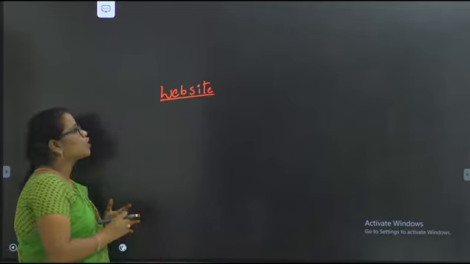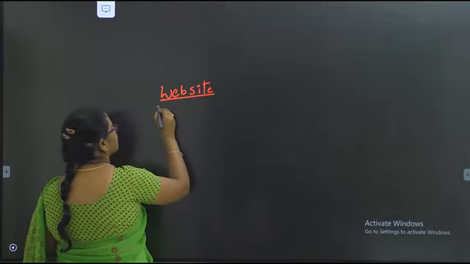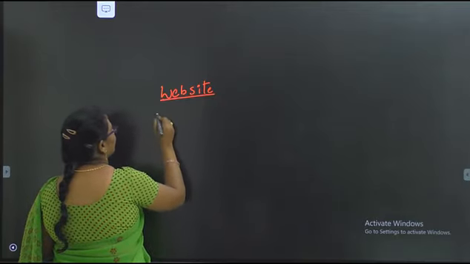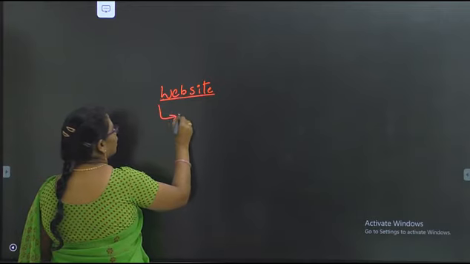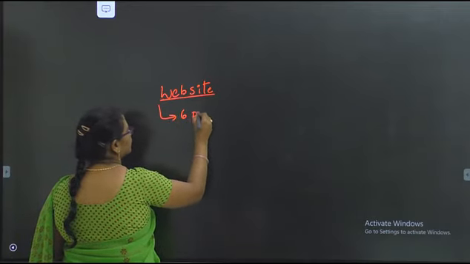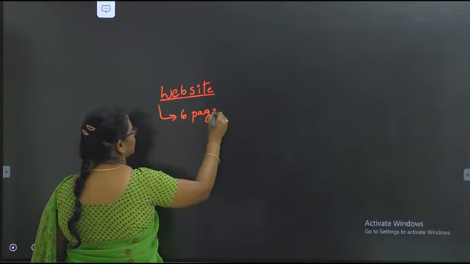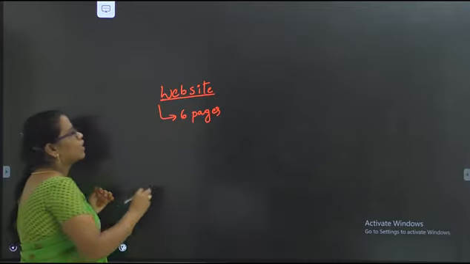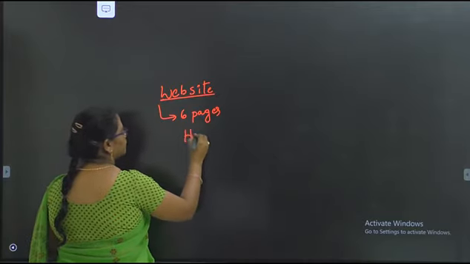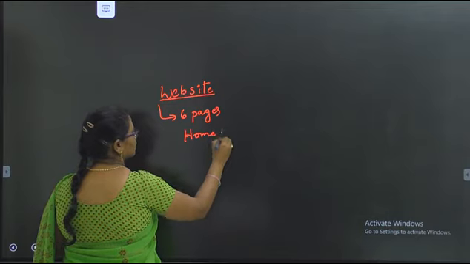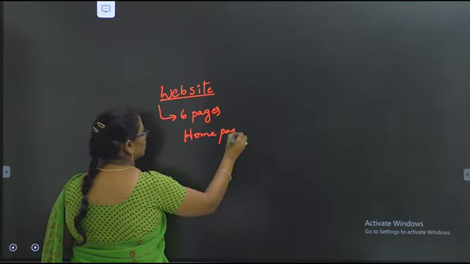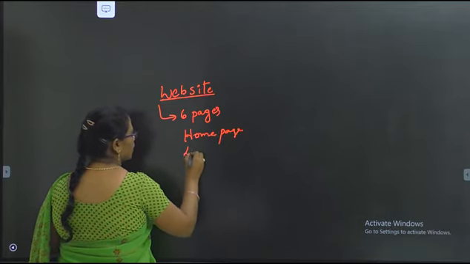Website creation. So what is website creation? In website creation, the user says, I want a 6 page website. Okay, so the first one is the home page. Second one is the login page.